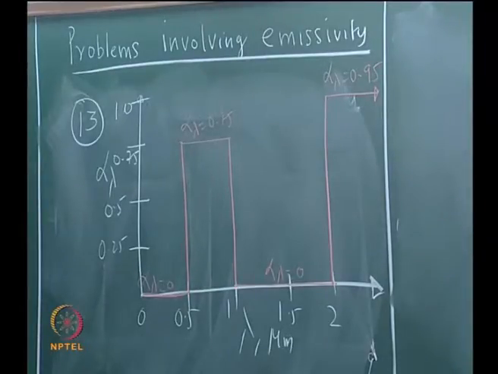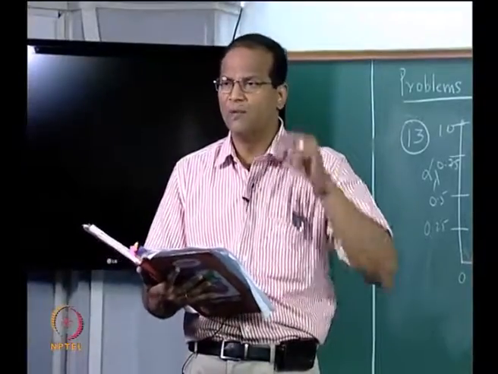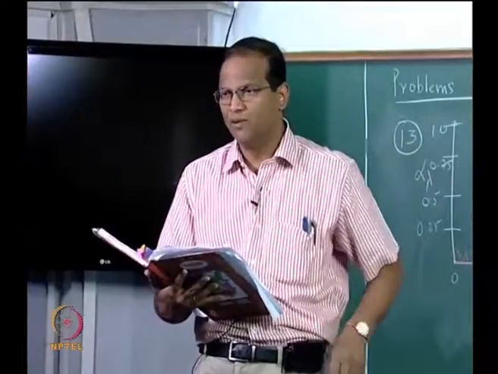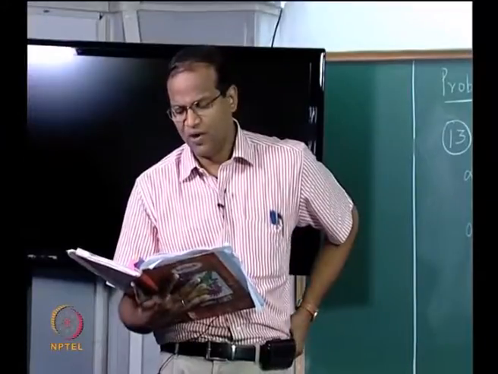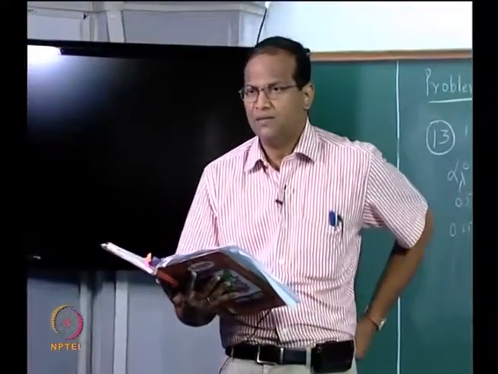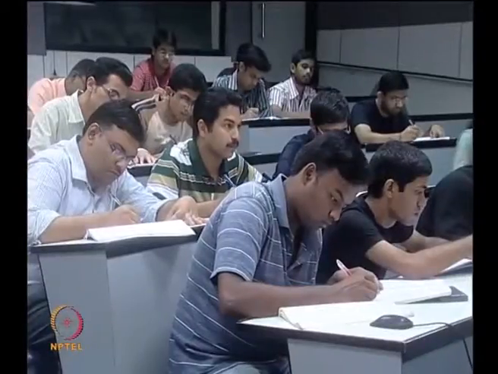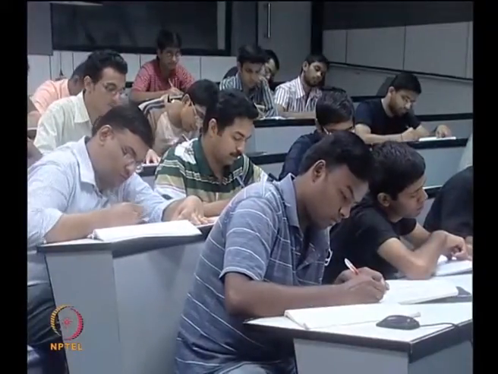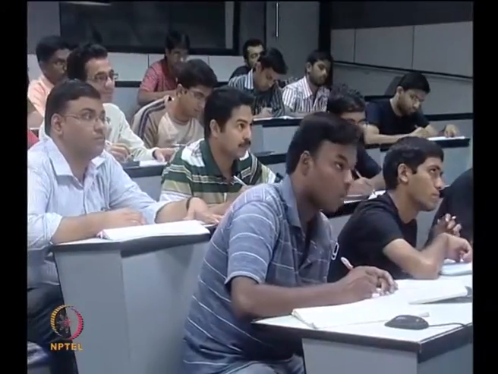An opaque surface, 1.5 meter by 1.5 meter. Have you taken this? No. Problem number 13, an opaque surface 1.5 by 1.5 meter is maintained at 120 degrees C. I am deliberately giving C so that you will convert to Kelvin and you will not make such a mistake.